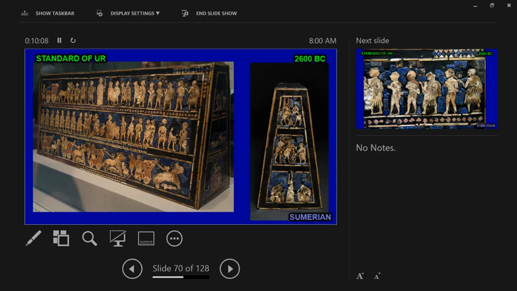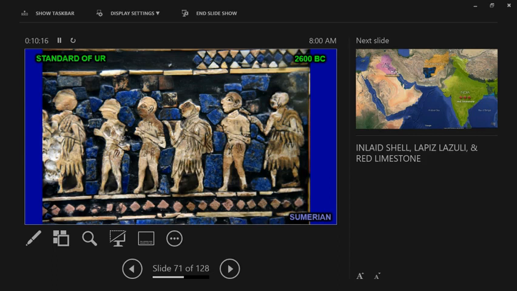What do you call these things right here? Registers. Very good. And even there's registers on the sides. If we take a close look at what this is made of, the lighter parts are inlaid shell. Can you tell what the blue parts are? Lapis lazuli.